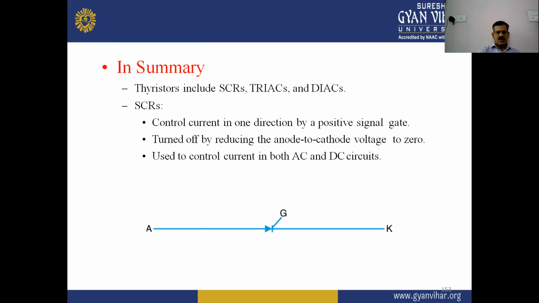So the thyristor or SCR is a unidirectional device in which current is controlled by a positive signal at the gate and turned off by reducing the anode to cathode voltage to zero.